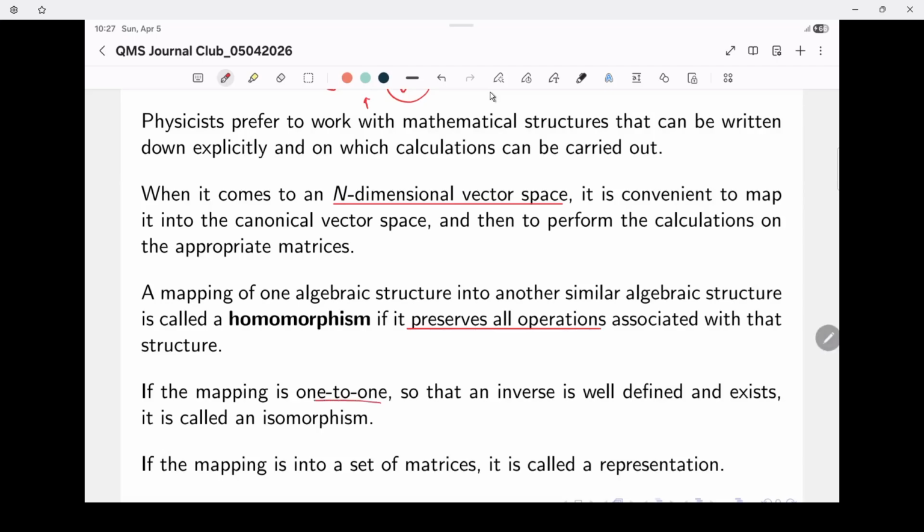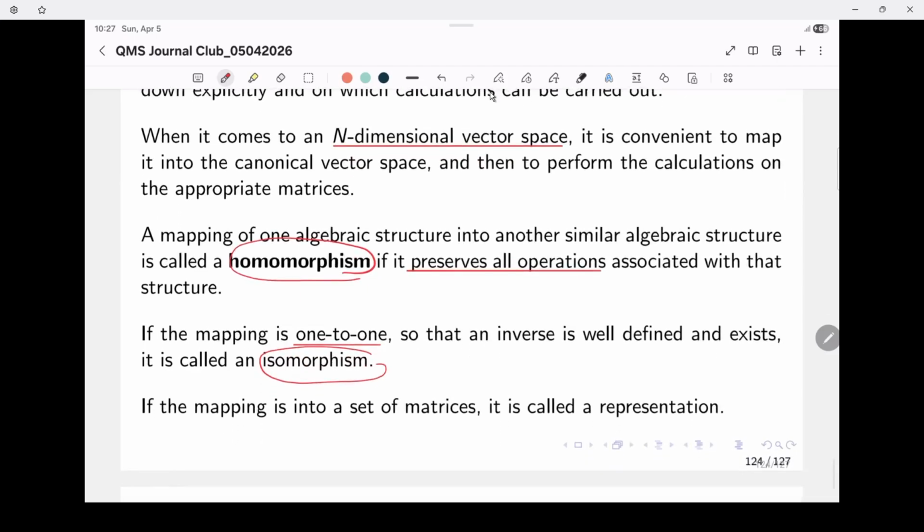But if your mapping is one-to-one, then that will be the best one, because basically you will be able to map all the properties of your algebraic objects into your vector space. So if it just preserves all operations, we call this homomorphism. If it is also one-to-one, we call this isomorphism. And if your mapping maps into the set of matrices, and we know that matrices can act on your vector space, that will be called a representation.